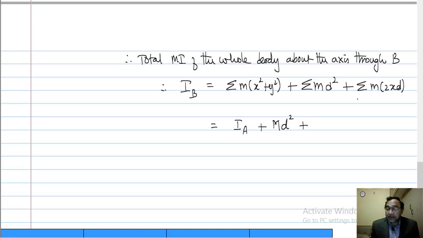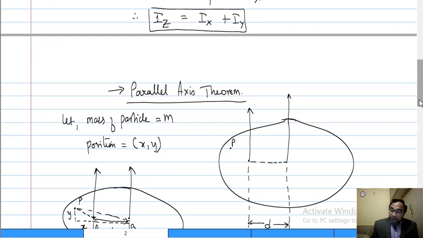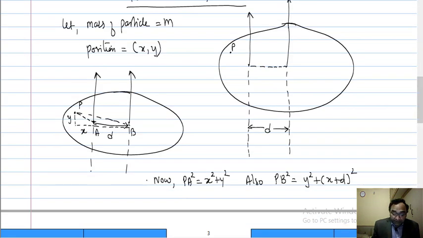Now, what exactly happens with this third term? So, 2 is a constant, d is a constant, so sigma will apply only to m into x. Observe carefully, every particle, if I take B as the central axis, which is at a distance of d, the coordinate of P you have taken from A is x, y, and from B it is x plus d comma y.